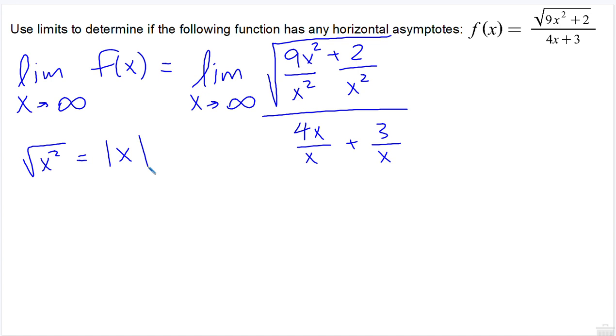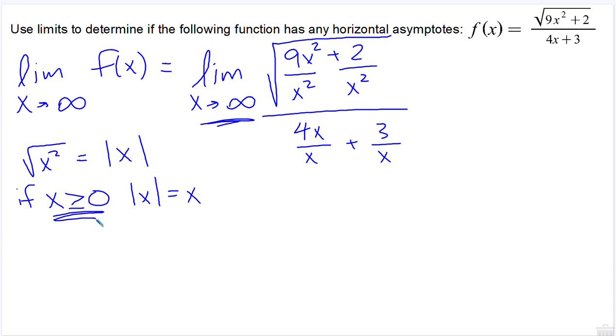Well, in the case where x is greater than or equal to 0, the absolute value of x is just equal to x. And we are doing a limit as x approaches positive infinity, which indicates that x would be greater than or equal to 0. So what we've done here is perfectly legitimate.